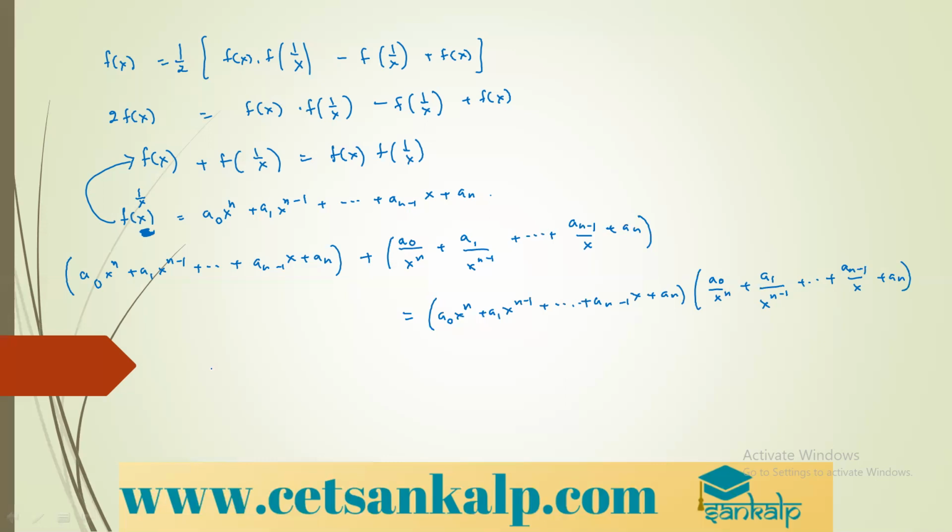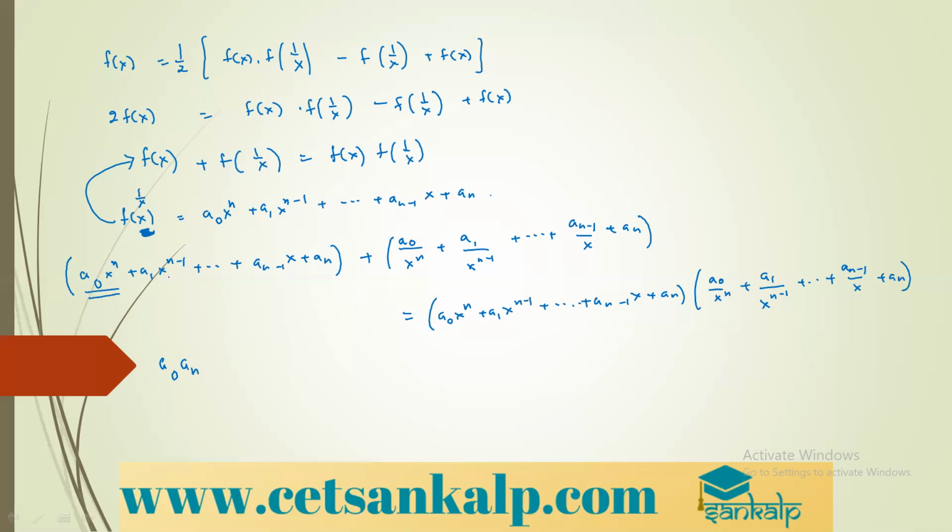So if you compare the coefficients on both the sides, what do you have? Various coefficients you have to compare. Like if you compare the coefficients of x power n, or the constant terms, or the coefficient of x power n minus 1, comparing various coefficients like a0, an.